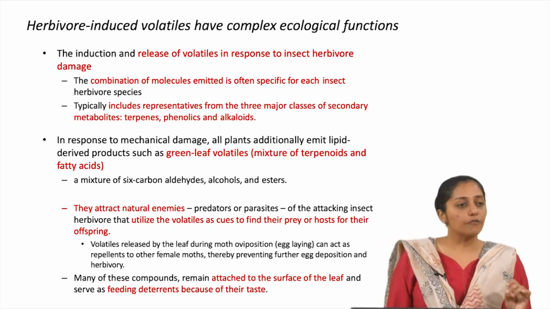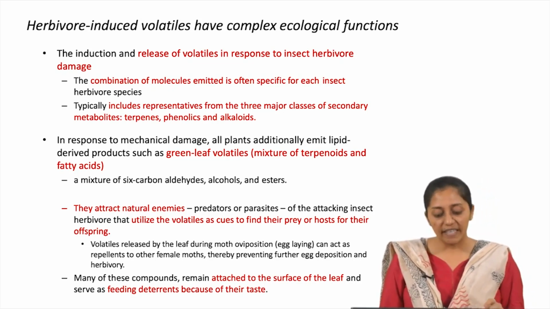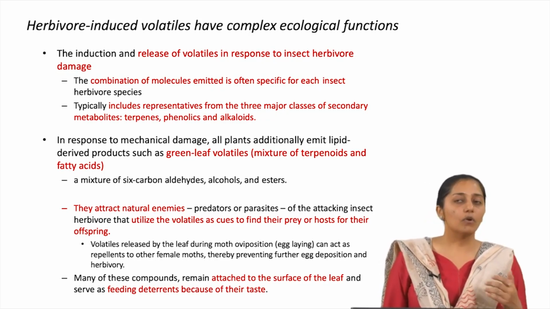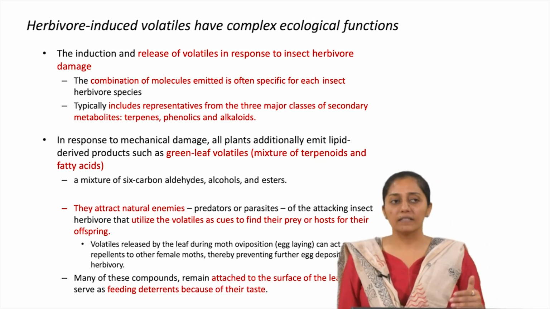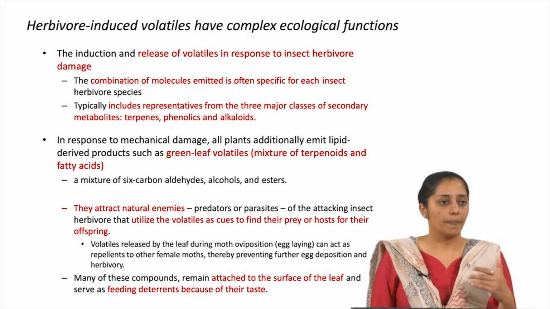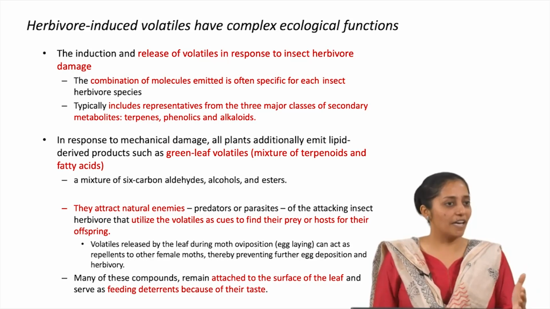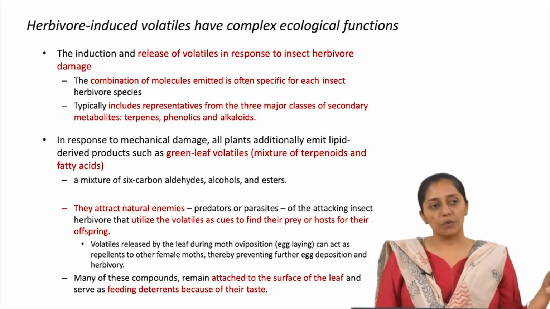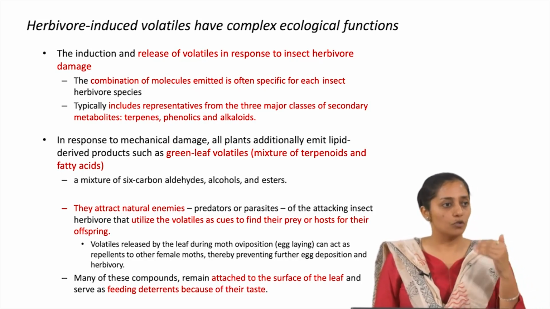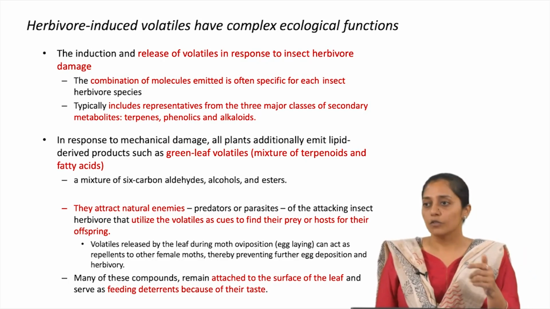Now there are other forms of secondary metabolites which are called green leaf volatiles. Now green leaf volatiles are mixtures of terpenoids and fatty acids. Now you will also find that many of these are present near the leaf surface, or will be present in the membranes of the cells, because that is the first line which will be broken. Anything which would try to attack would first try to lyse the cell through piercing through the cuticle, which is one of the barriers, then through the cell wall.